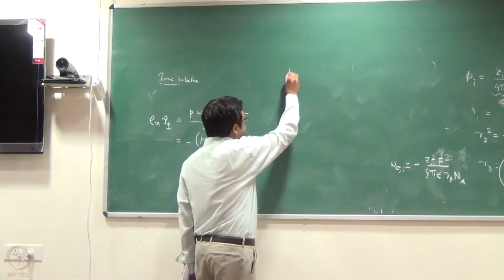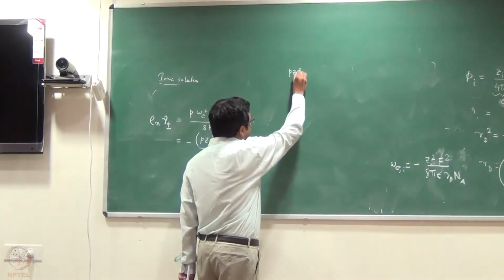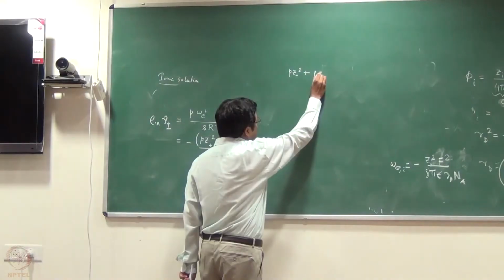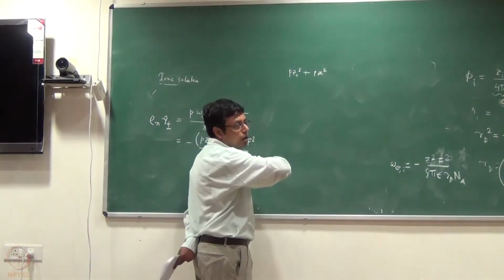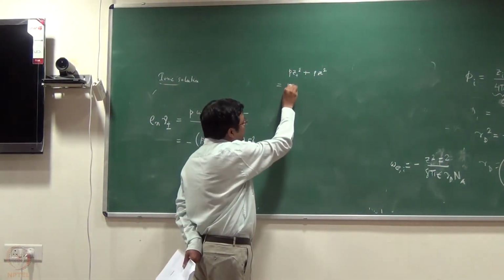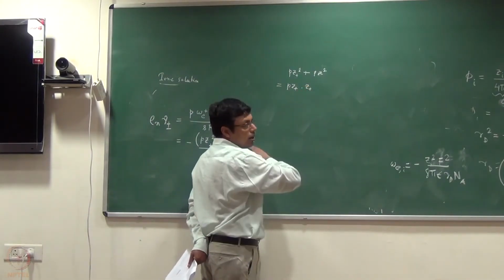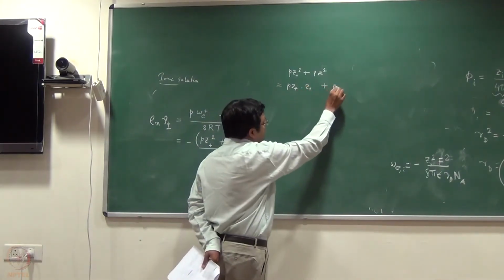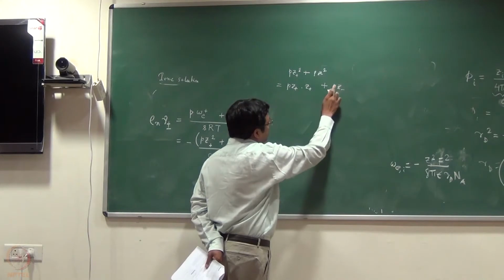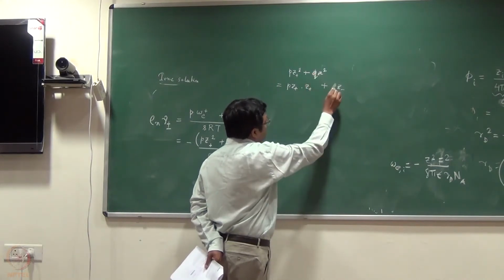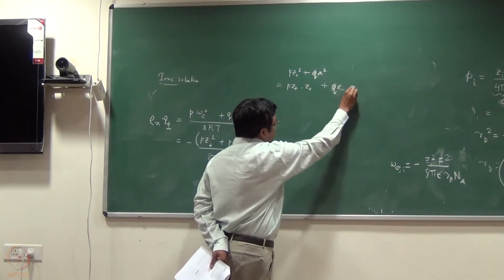Think about this P Z plus square plus Q Z minus square. Just look at it. P Z plus into Z plus, and this is Q Z minus into Z minus.